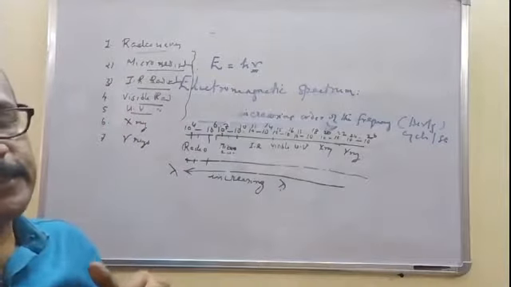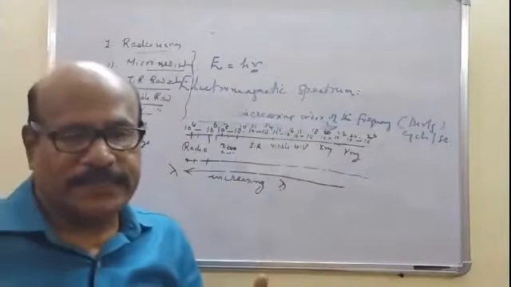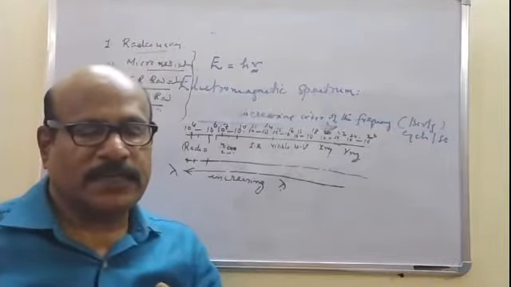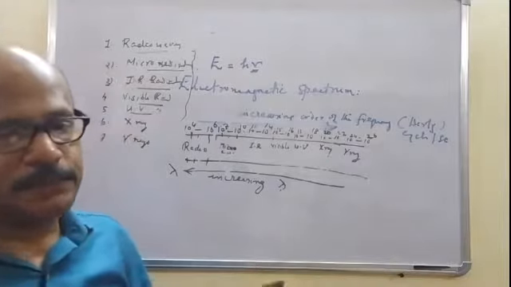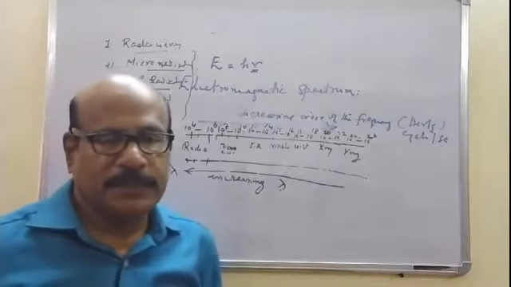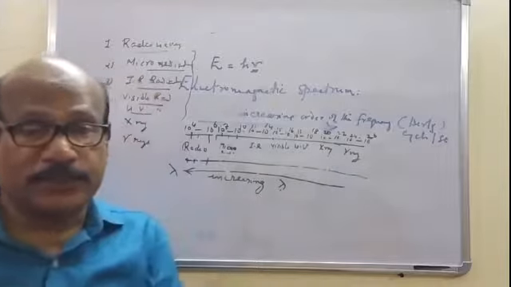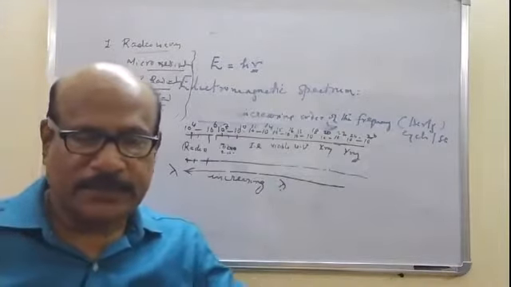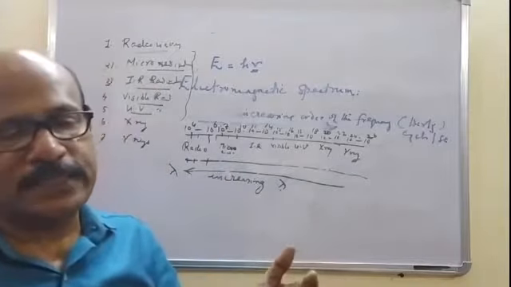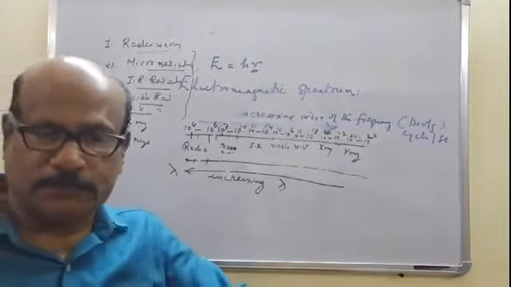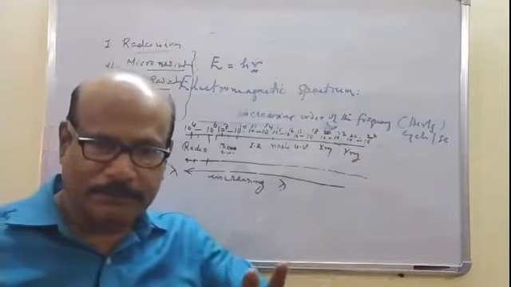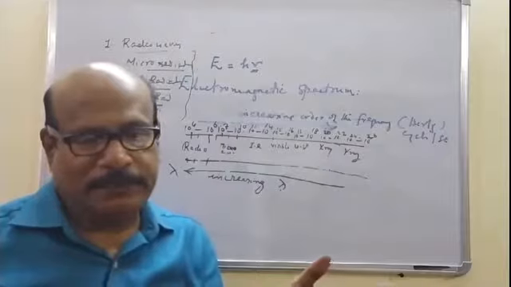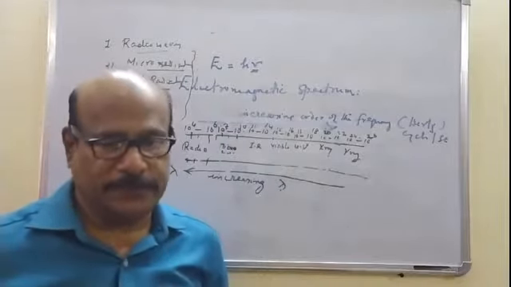The nucleus is allowed to undergo transition from its plus half to minus half level using low energy radio waves, by keeping the nucleus in a very powerful magnetic field.